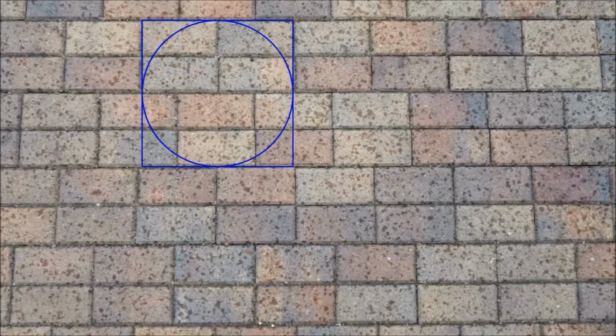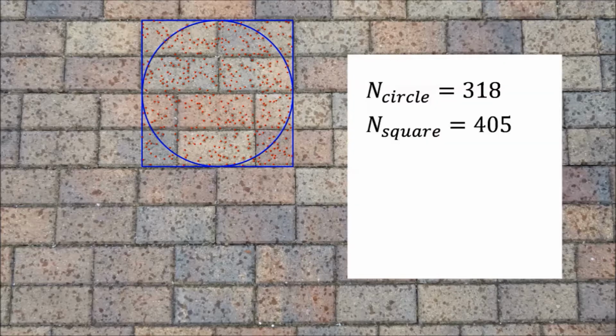So in the last step, we doubled the size again and started counting again. Now this took quite some time, and we got that the number of droplets in the circle was 318 and in total in the square 405.